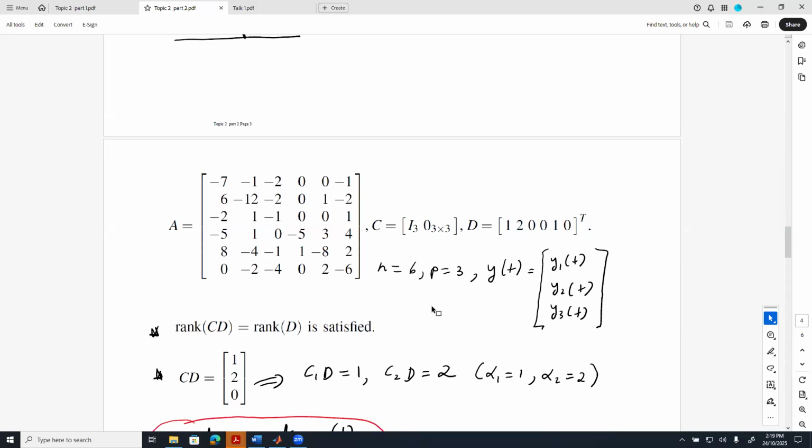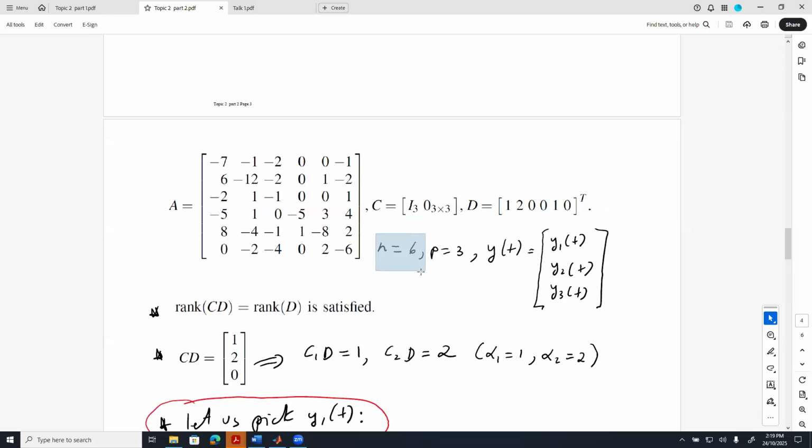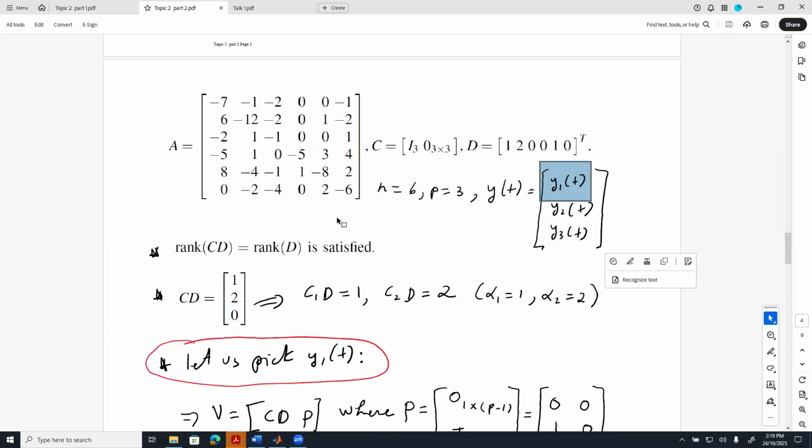Okay. So we have n equals 6. We have p equals 3, and we have 3 output measurements. So the first thing we do is check to see if this condition holds or not. And the answer is yes. So that means that the observer matching condition actually holds. And we have the product C times D, which is a column, and it contains 2 non-zero elements.